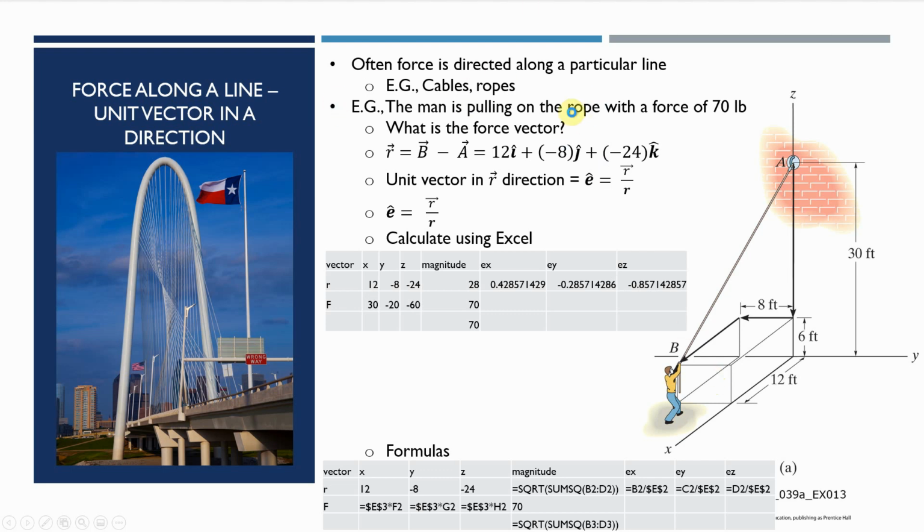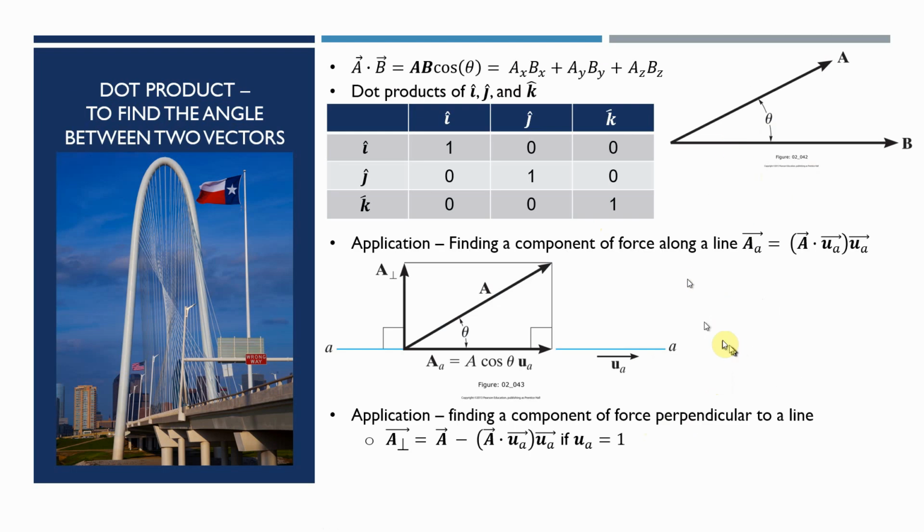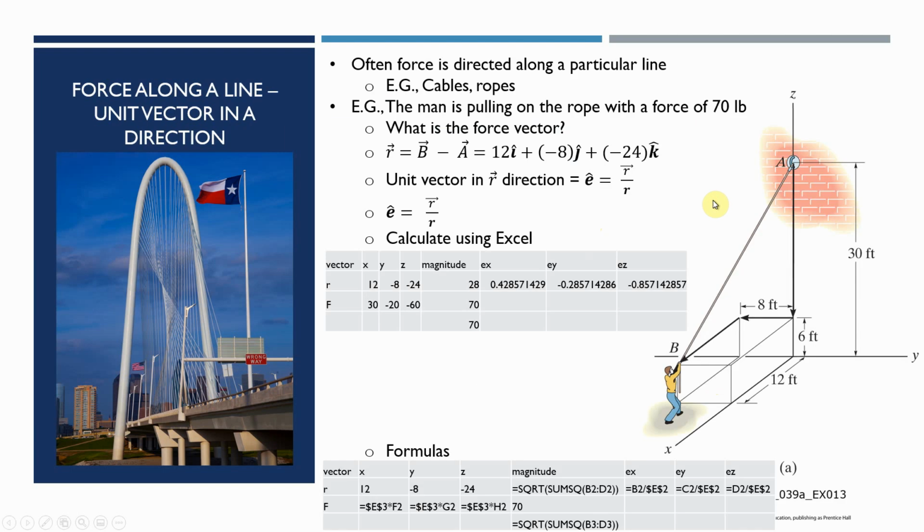Here's an example where a man is pulling on the rope with a force of 70 pounds. Okay, there we go. So we're going to want the unit vector in the r direction. So from A to B, pulling in this direction.